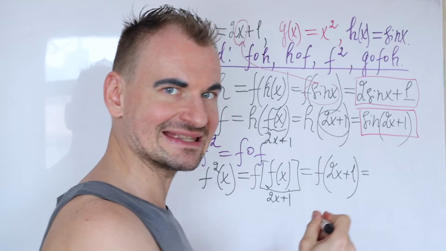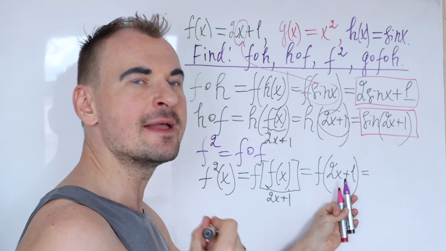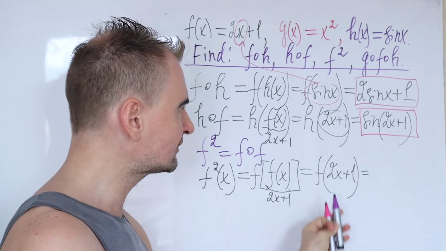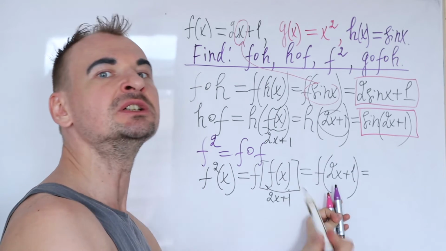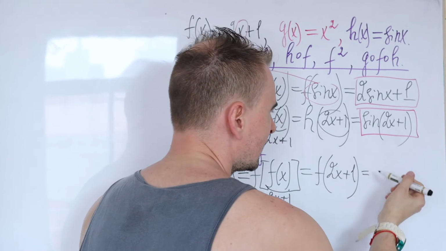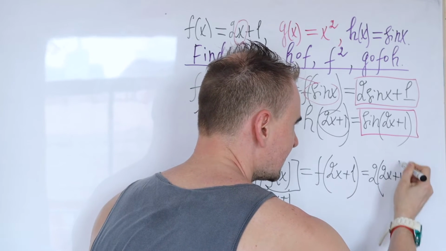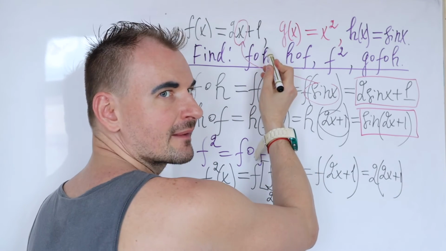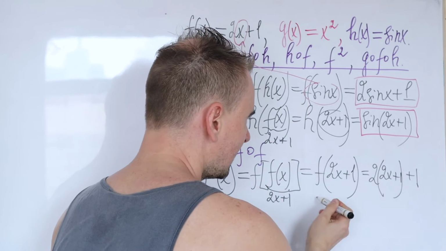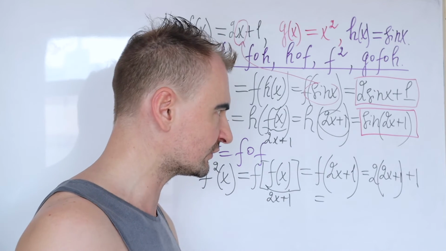And now again I'm going to apply f to 2x plus 1. That means instead of x I'm going to rewrite 2x plus 1. So this expression goes into x in my 2x plus 1. So we are left with 2 times (2x plus 1), and this one to be precise is hanging around, so plus 1. And the last expression needs to be simplified for sure.